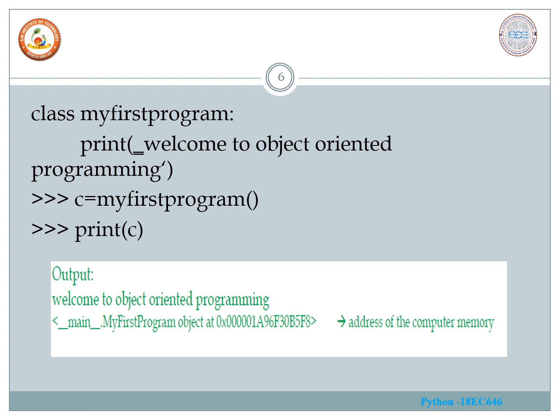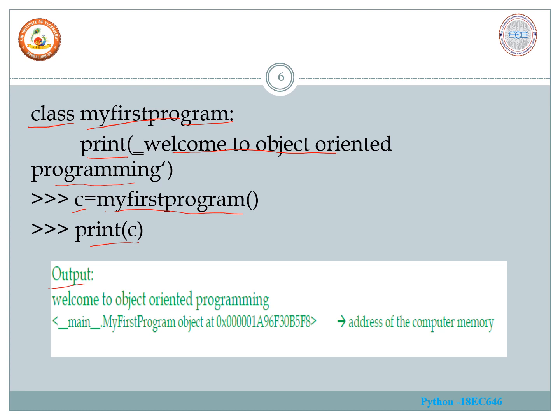So consider this example. Here I have created a class object, my first program, and in that the statement defined as print welcome to object oriented programming. Now I am going to assign this class to a variable C. When I print C, the statement which is there in the my first program class will be displayed.